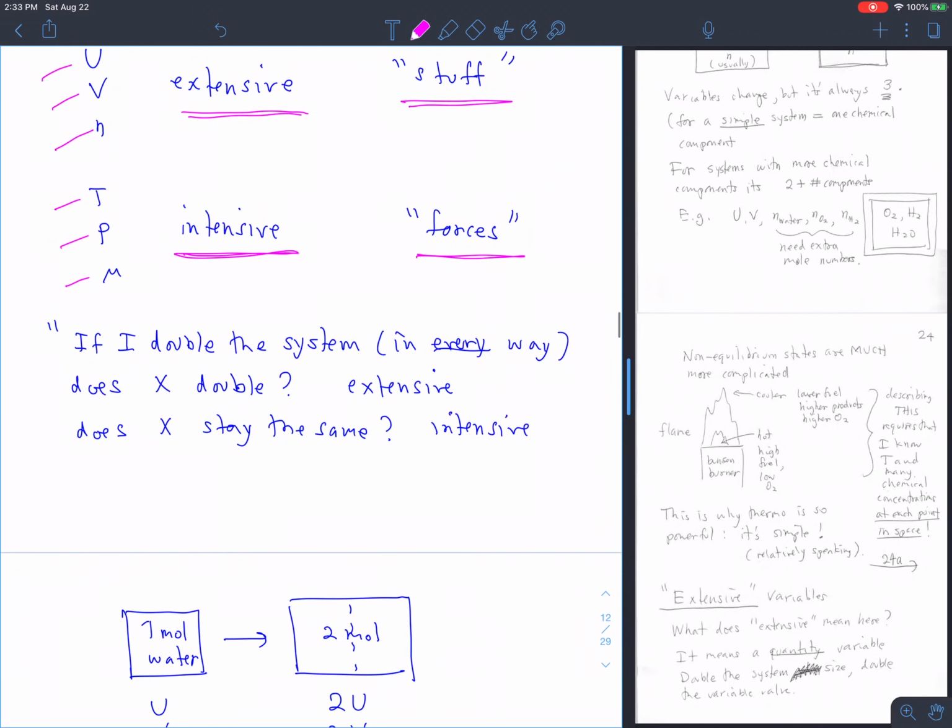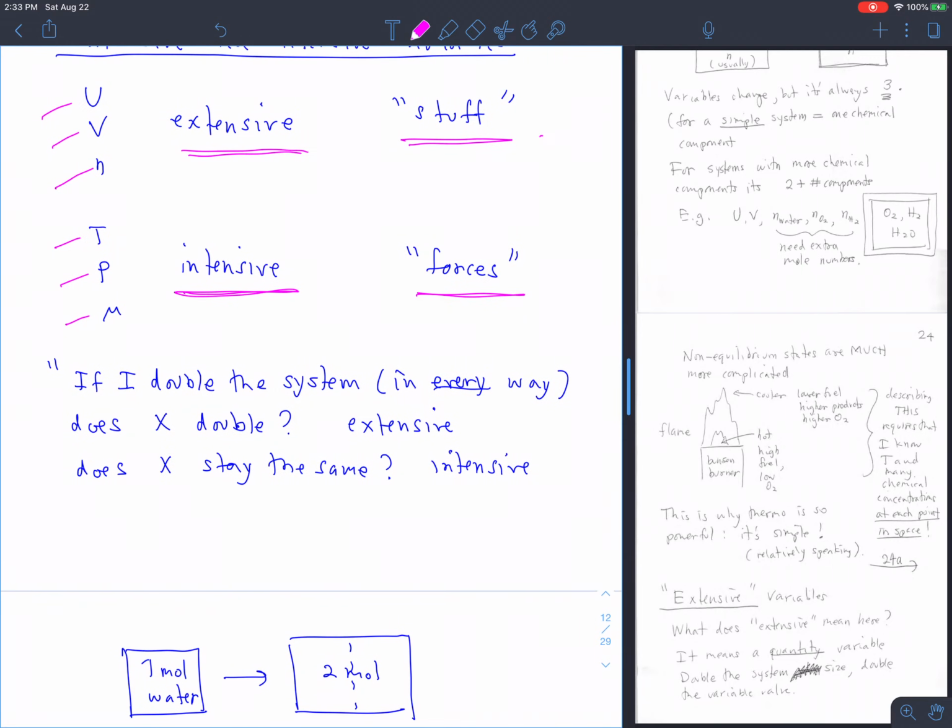So the real definition, I've given the sort of heuristic definition here, but the real definition is this. If I double the system in every way, does quantity X double? If it does, then it's extensive. Does it stay the same? If it does, then it's intensive.